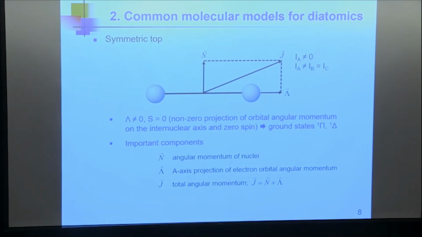But now we have a component of angular momentum here and one here, and so you have to find the sum. So J is the total. It's a combination of two types of angular momentum: the nuclei, the masses, and the electron. So now J, which we always use for the total, is pointing in some new direction.